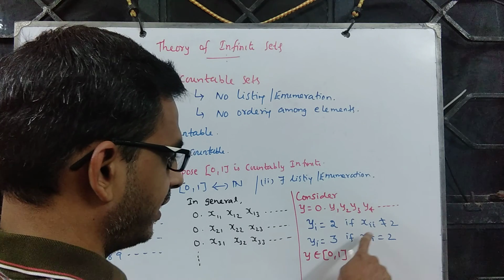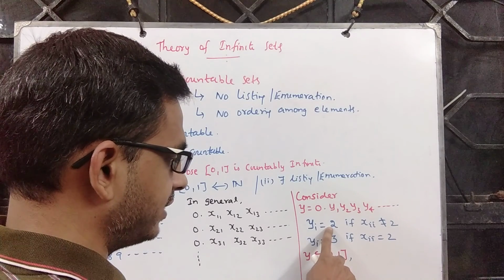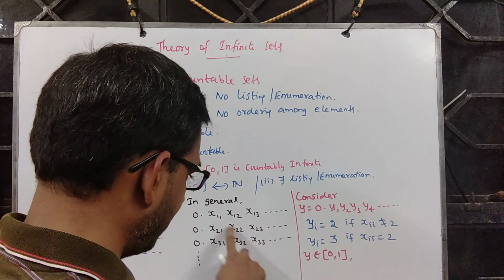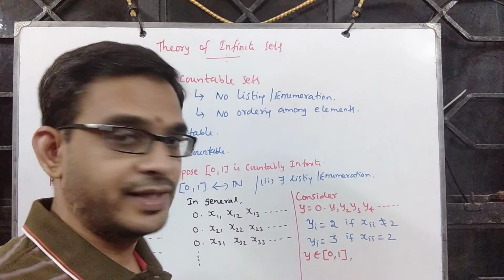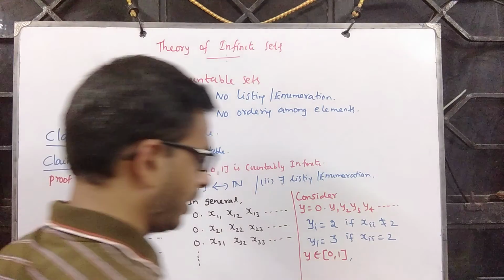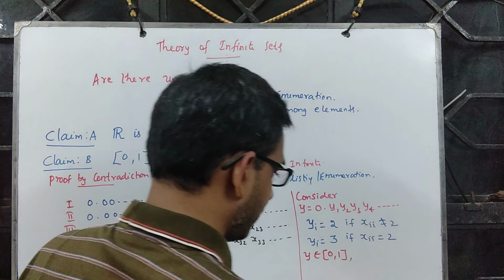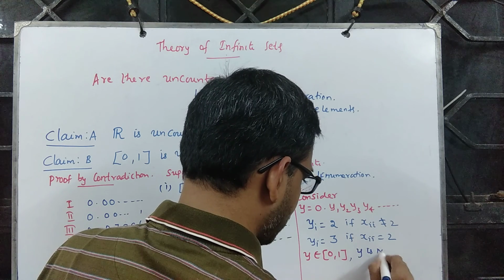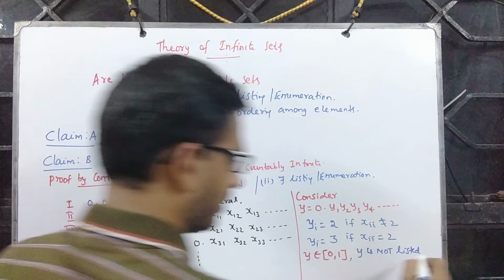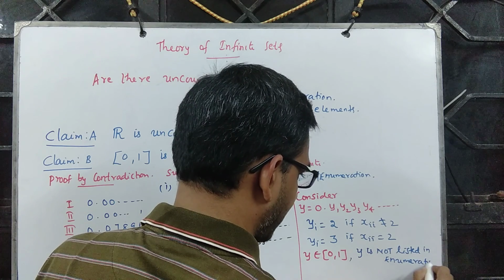Because what do we say? If xii is not 2, then this digit takes 2. If it is 2, then this digit takes 3. So which means it is differing with all of this at least at one place, or at least at the ith digit. And y belongs to this, and y is not listed in the enumeration. Correct?